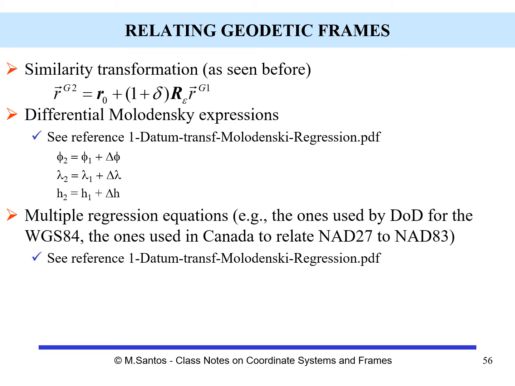And finally, we can also use multiple regression equations, which is a procedure that has been used a lot by the Department of Defense of the US, and also here in Canada, in South America, in Australia, and other places. So let's have a look at these three different ways.